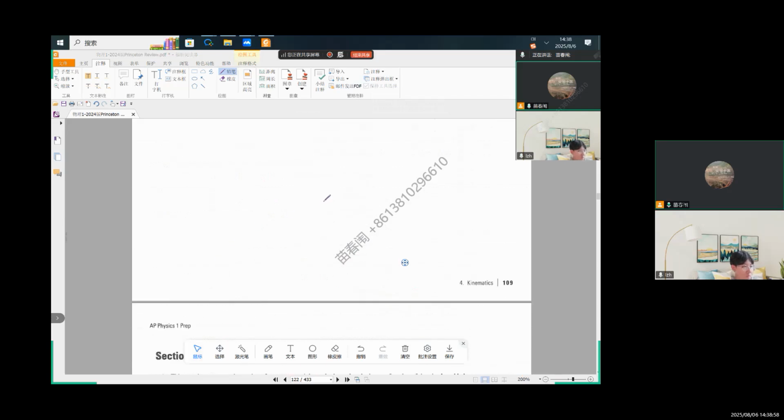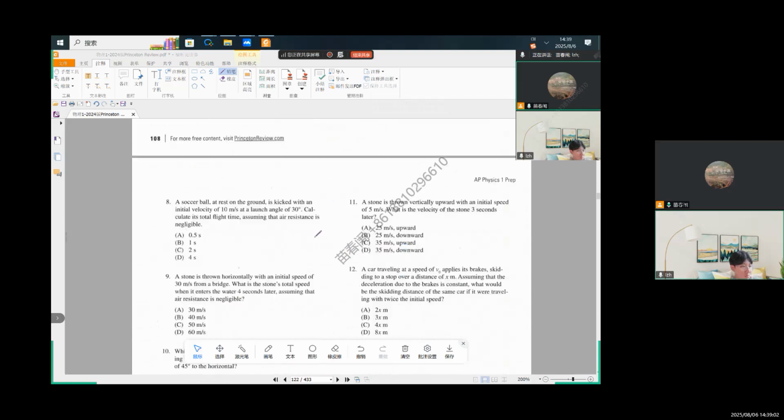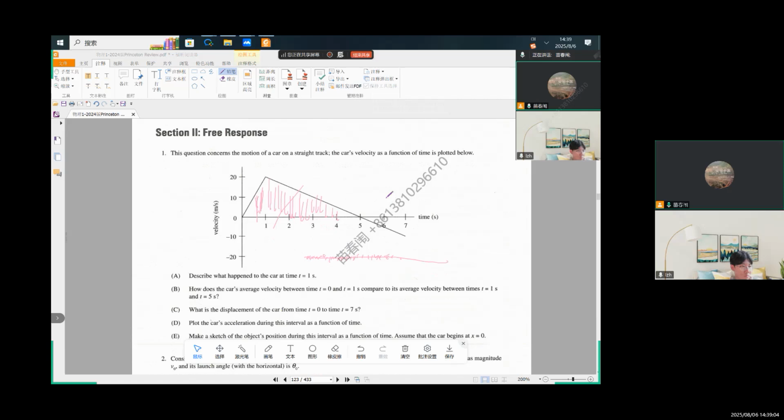So in this way, I can say area is the displacement on some level. So basically, he asked me the displacement, so I guess it's just the area. Does that make sense? Can you find the area on the other hand? Probably.